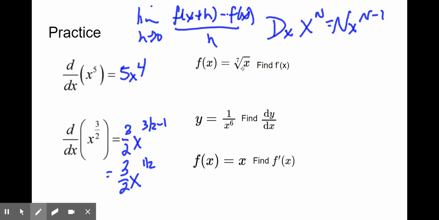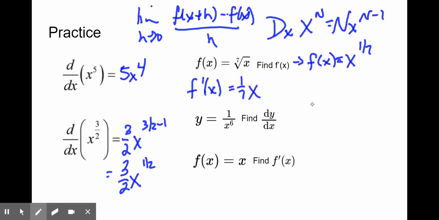So that means the first thing I'd have to do here is change f of x into x to the 1/7 power, right? That means the 7th root. Now I can use the power rule. So f prime is just 1/7 x to the, well, take 1 from the power, and you get 1/7 x to the minus 6/7.